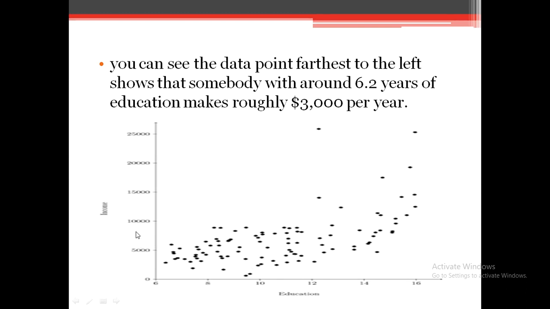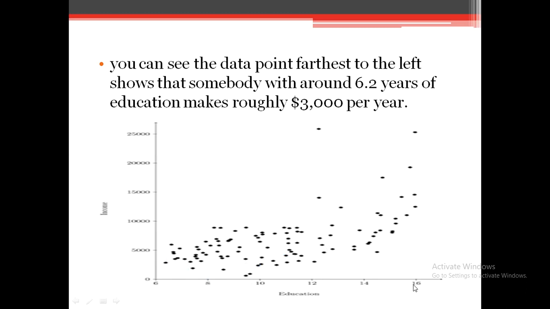So here is the income, and these are the education values. The person who has 6.2 years of education is making roughly $3,000. This is the first point which is plotted. Similarly, there are different data points present here.